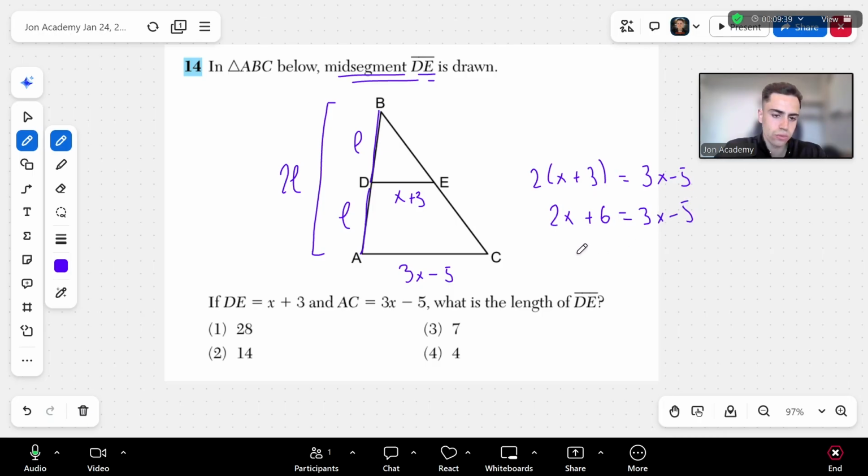Now if we want to solve for x, we can move the x's to the right and the numbers to the left. It will be 11 equals 3x minus 2x equals 1x. So x equals 11. Therefore, DE is just x plus 3, so it will be 11 plus 3, which is equal to 14, which is the second option.